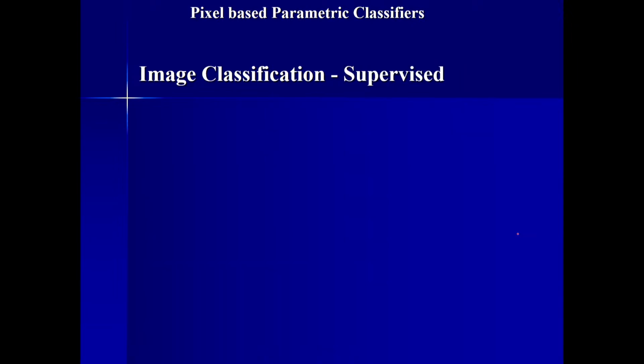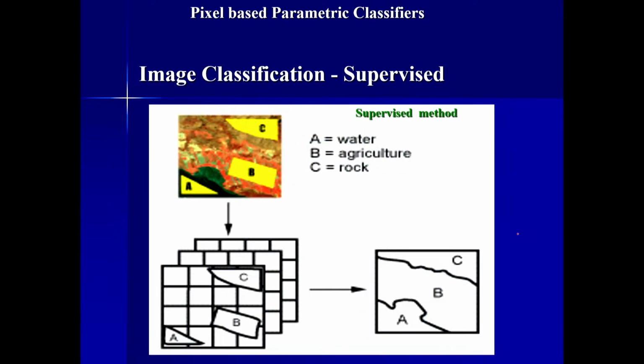Second, coming to supervised image classification. Here you can see the concept of supervised, because supervised means you are providing the training data. That means you have the label for classes: A is water, B is agriculture, and C is rock.